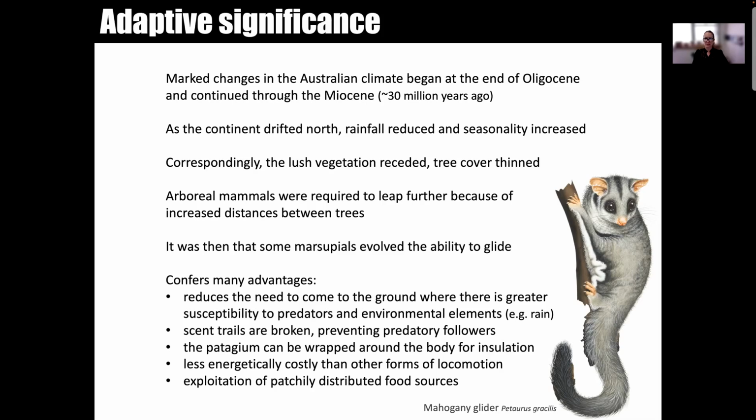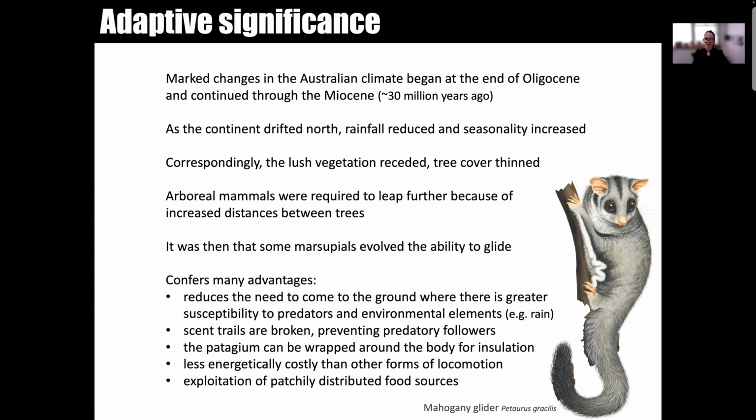So correspondingly, the lush vegetation receded and tree cover thinned. What happened then is that arboreal mammals were then required to leap further because of these increased distances between trees. And so it was from that it's believed that some marsupials evolved the ability to glide so that those leaps were more controlled and could extend further.